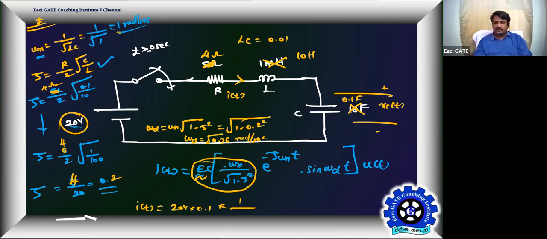That is same as this omega d because omega n is 1. So by root of 0.96 into e power minus zeta omega n t. Zeta is 0.2 and omega n is 1. So e power minus 0.2t into sine omega d t, that is sine of root 0.96 times t. That's all. All of you getting?